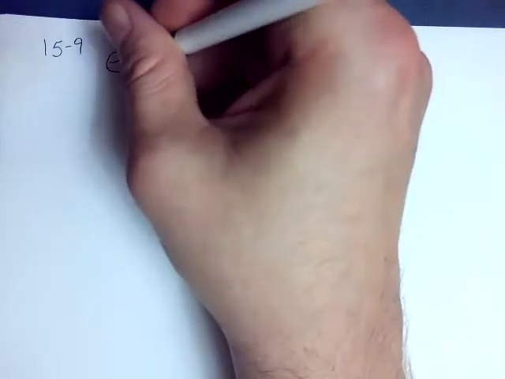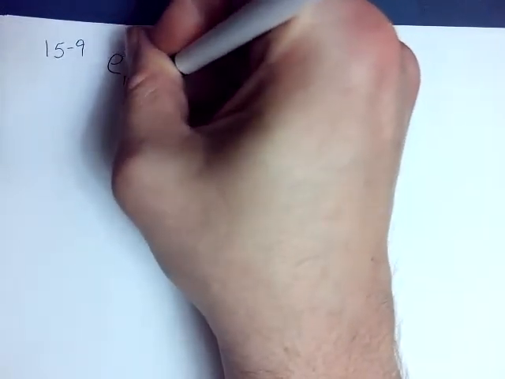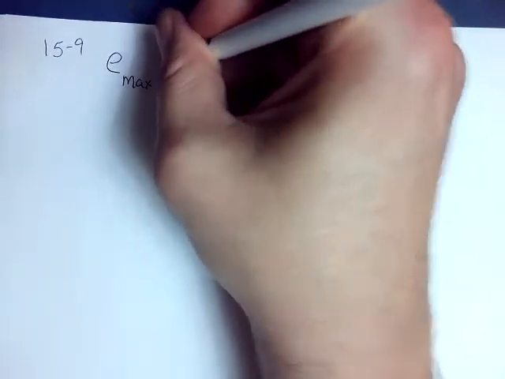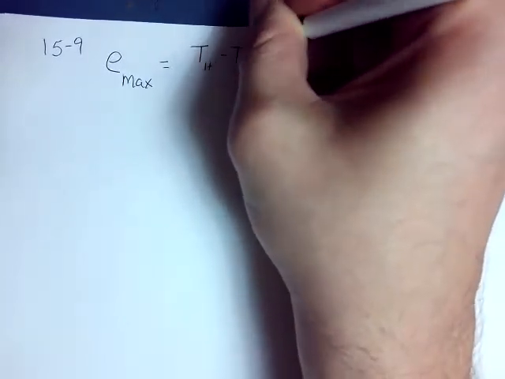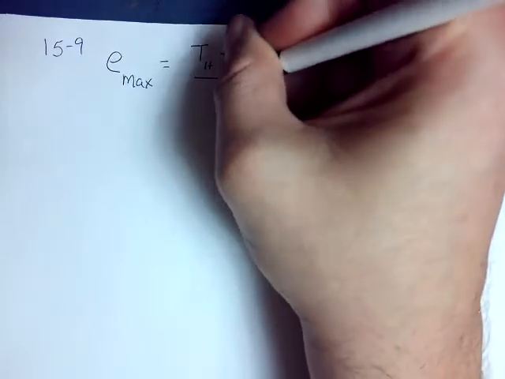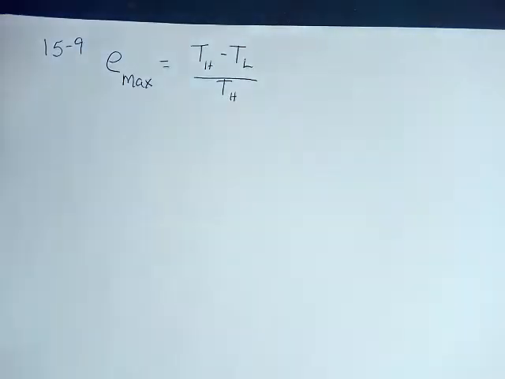15.9. Now we get a special kind of heat engine called the Carnot engine. And this is sort of like the maximum efficiency that you could ever get out of the 2 temperature differences.